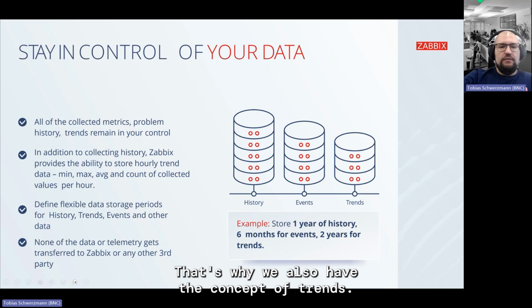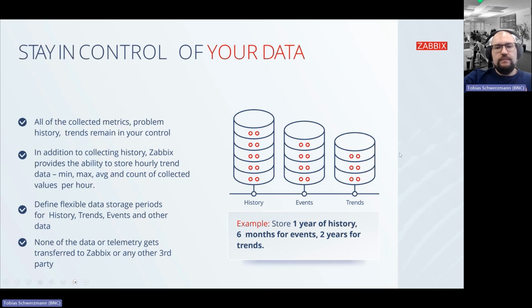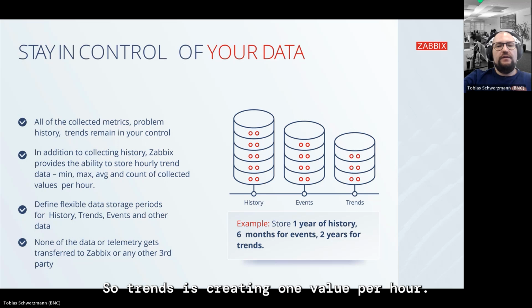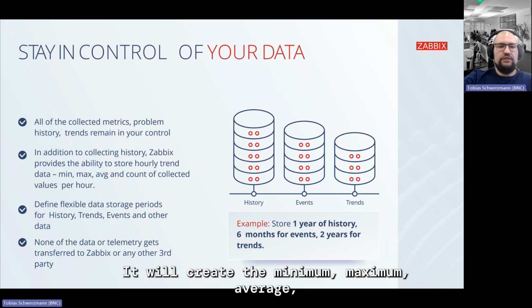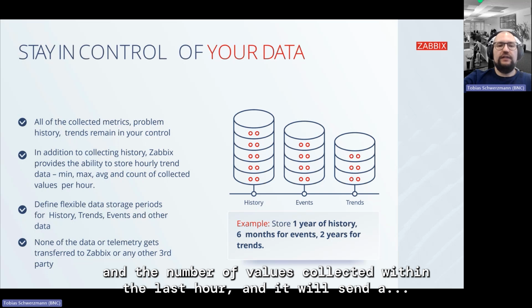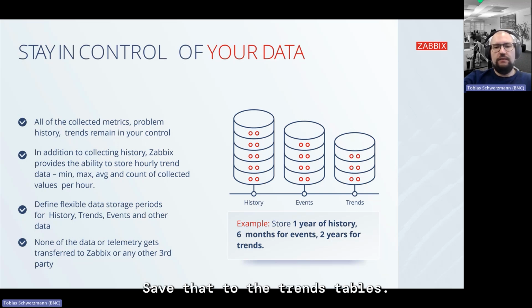That's why we also have the concept of trends. Trends creates one value per hour: the minimum, maximum, average, and the number of values collected within the last hour. And it will save that to the trends tables.